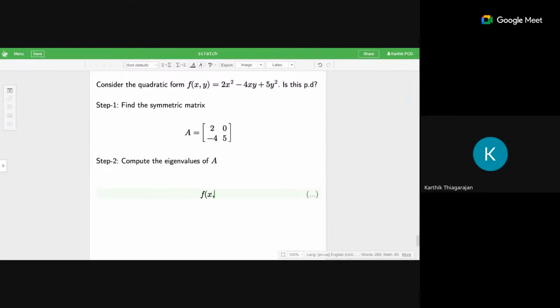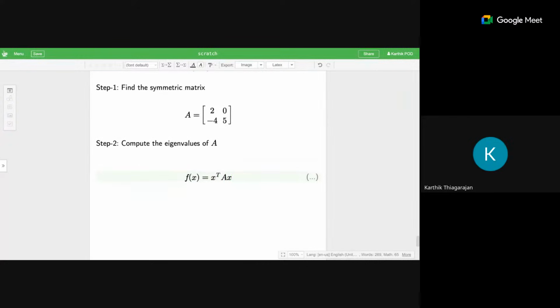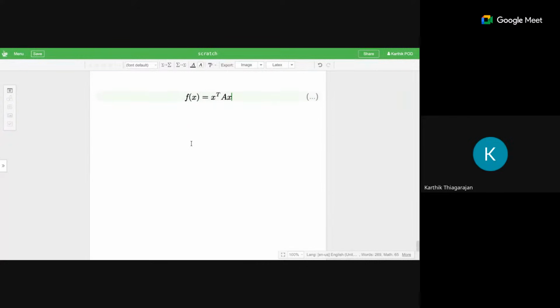Whenever f of x, y is greater than 0 for any x, y not equal to 0. For convenience, I'll just use x, so X transpose AX is greater than 0.